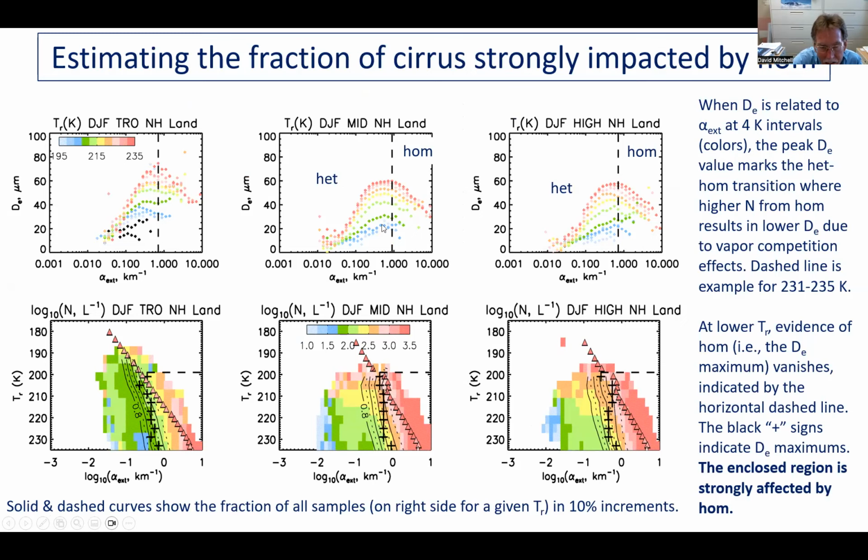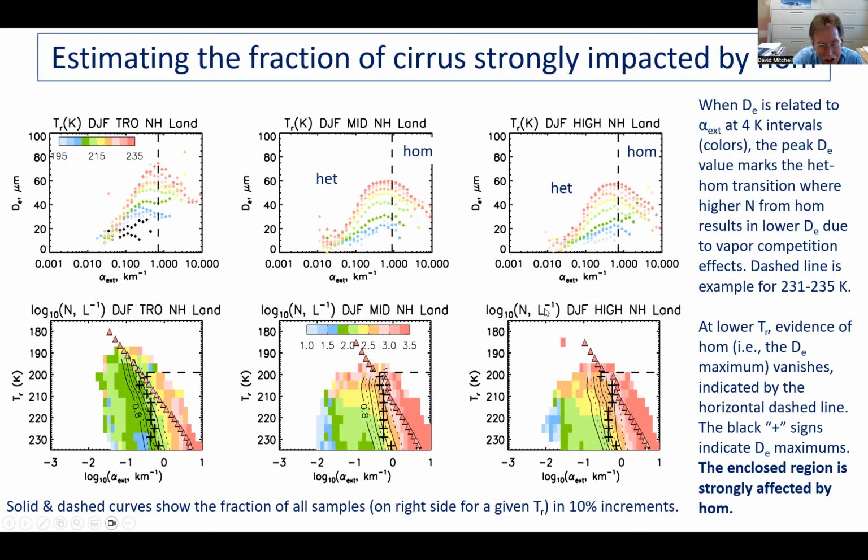So the way we went about trying to investigate the fraction of cirrus clouds that were strongly affected or impacted by homogeneous nucleation is by plotting the effective diameter against the extinction coefficient. When there's a maximum, the vertical dashed line here corresponds to the temperature bin at the dark pink color.